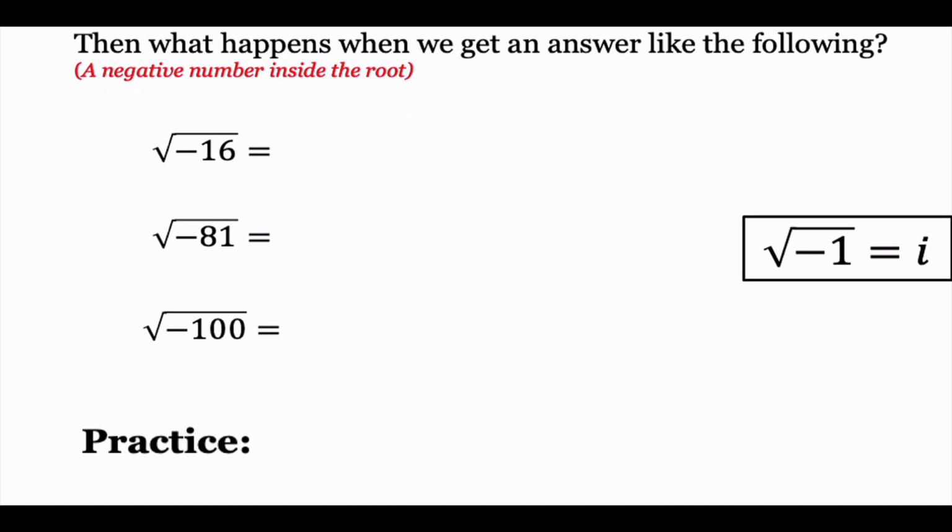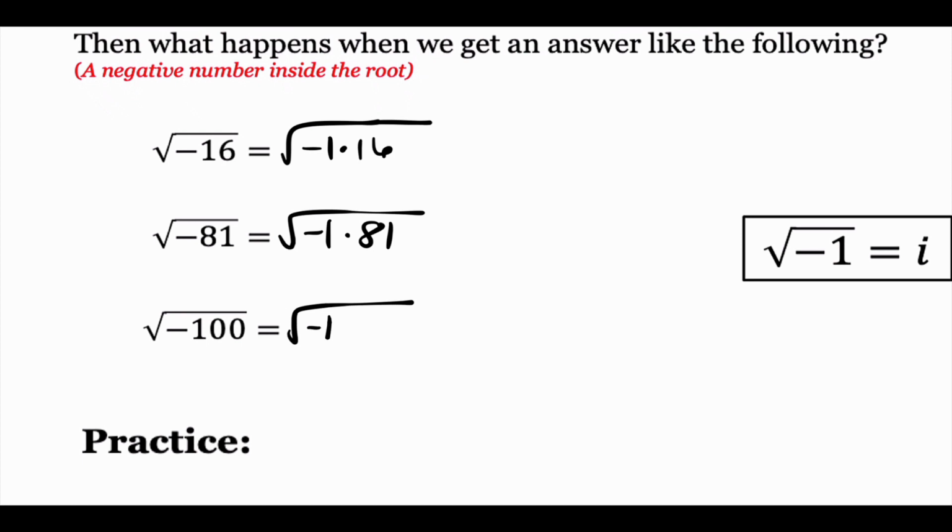So we're going to do it this way. Let me separate this. Let me say negative 1 times 16, negative 1 times 81. Let me separate the negative from the number. Because isn't the negative part the one that's causing the problems? The negative part is the one causing my calculator to say, I can't give you an answer.